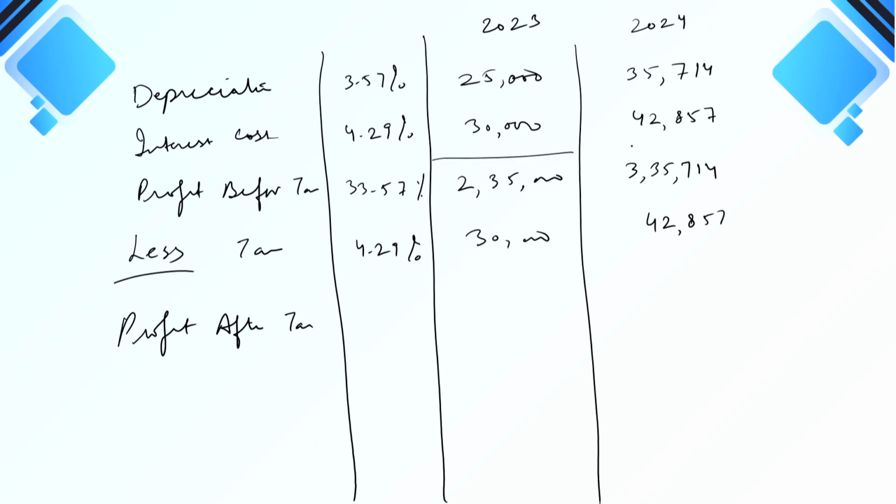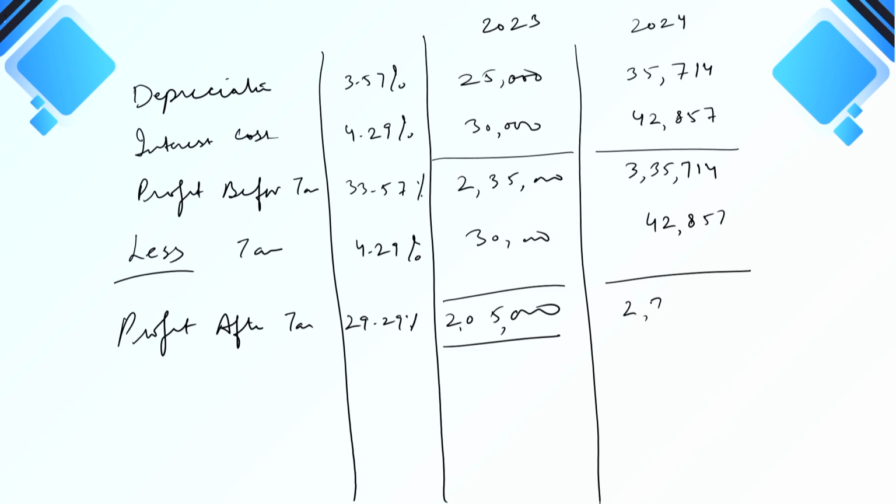After deducting the different items, we got the figure of 2,05,000. If I compute its percentage, it would be 29.29%. So for this year, it would be 2,92,857 would be the exact amount for the year 2024 after the projections.